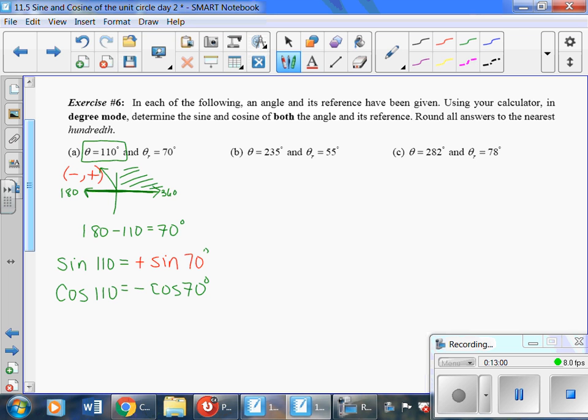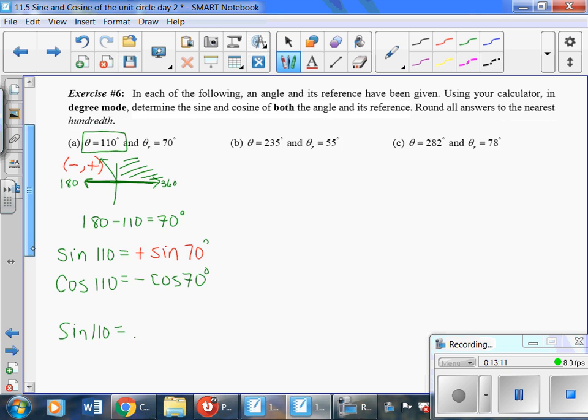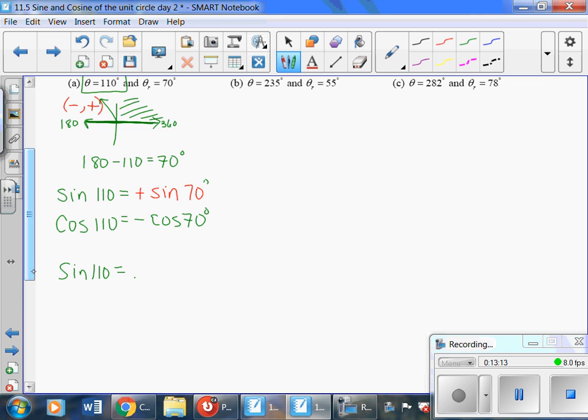Now you put this into your calculator, and they wanted both of them, right? So sine 110 is 0.9397, and the cosine of 110 is equal to negative 0.3420.